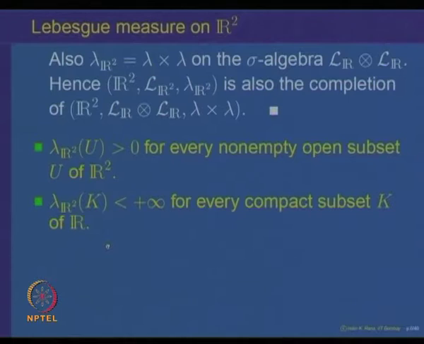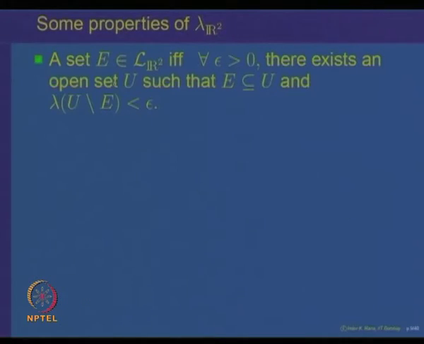There are more relations, like in the real line, where one can prove a result that, for example, a set E is Lebesgue measurable if and only if for every epsilon you can find an open set which includes it and the difference has small measure. That is very much similar to the real line, and the proof is also very much similar, so we will not prove this result. Somebody who is interested should try to copy the proof of the real line and extend it to the case of R 2.